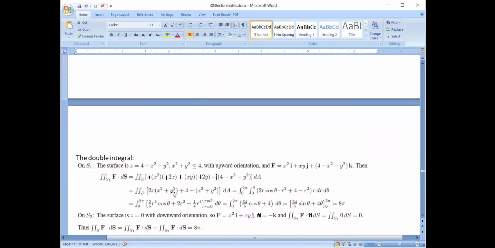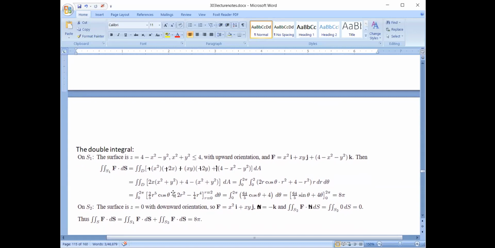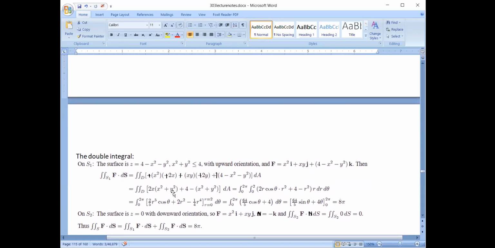So the total double surface integral, adding those two up, is just going to be 8 pi. And so look at that. Doing either the double integral over the surface or the triple integral over the region in Gauss's theorem, you get the same answer.